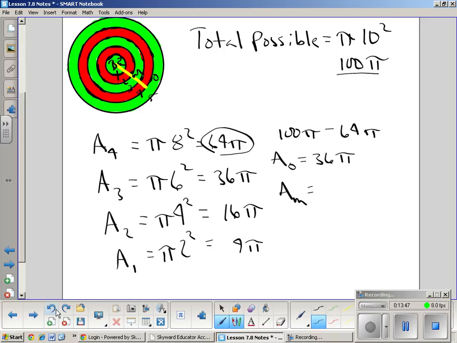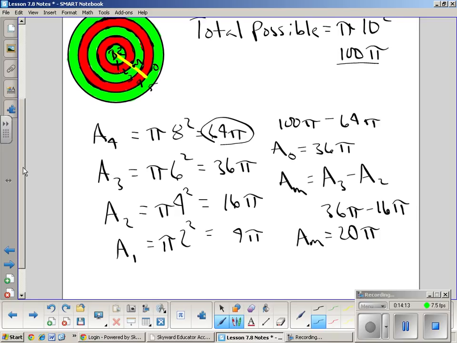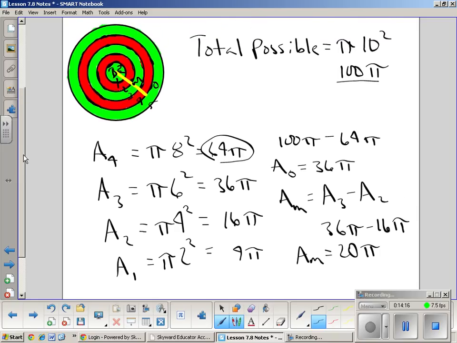And so area of 3 minus area of 2: 3 was 36 pi, and 2 was 16 pi. And so my middle ring is 20 pi. Do you agree with that? Yay or nay? Okay, good.